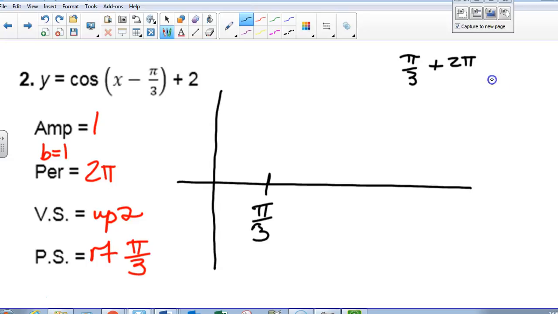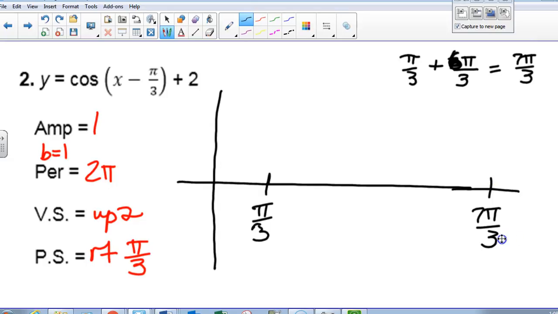Just leave out the pi's. Or you can make this common denominator of 3, which would make the top what? 6. So 6 and 1/3. 6/3 plus 1/3 is 7/3. Okay. That's where it's going to end.